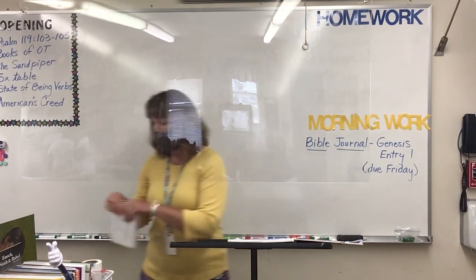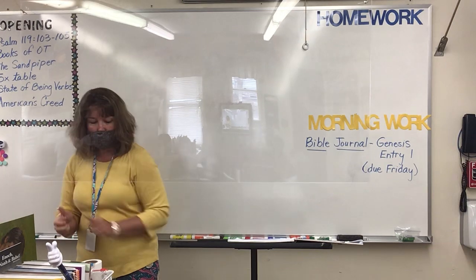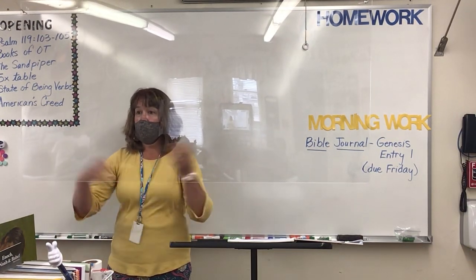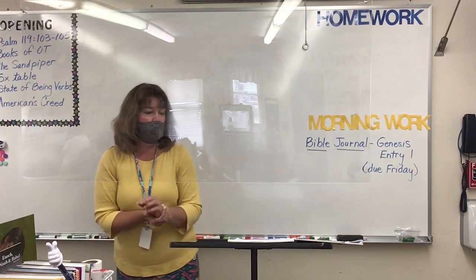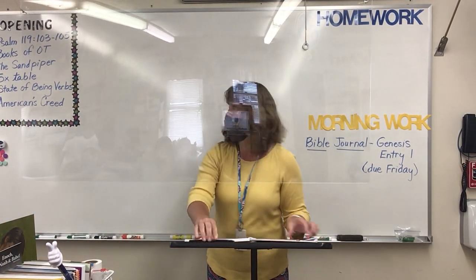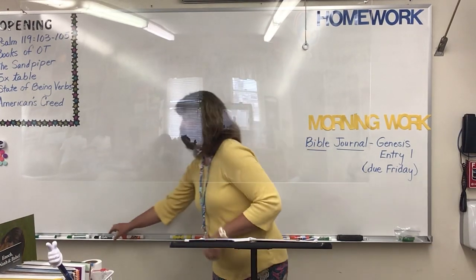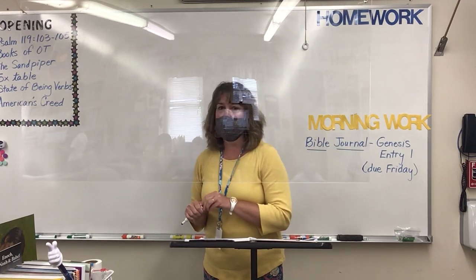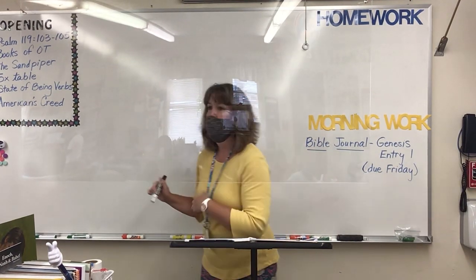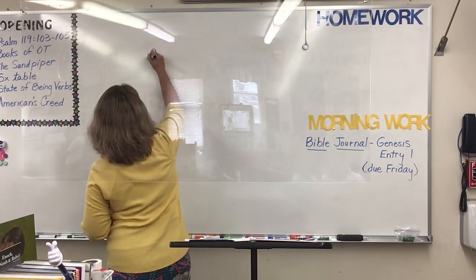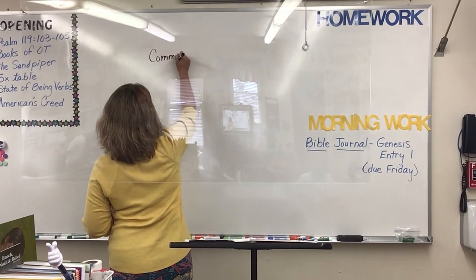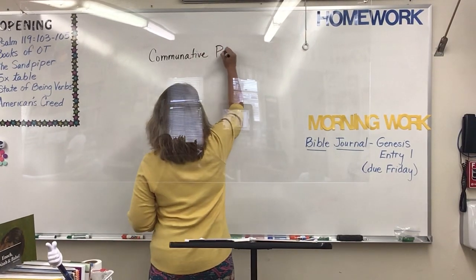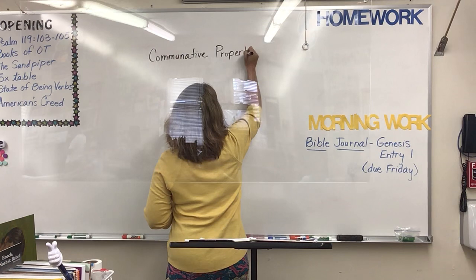All right, so today we're going to review a little bit what we were talking about on Friday, which some of you already knew before I even started teaching it. We were talking about the properties of addition. So who can tell me one of the properties we talked about? Lucas? Right, the commutative property. And what does that mean? It means you can switch the digits within the equation.